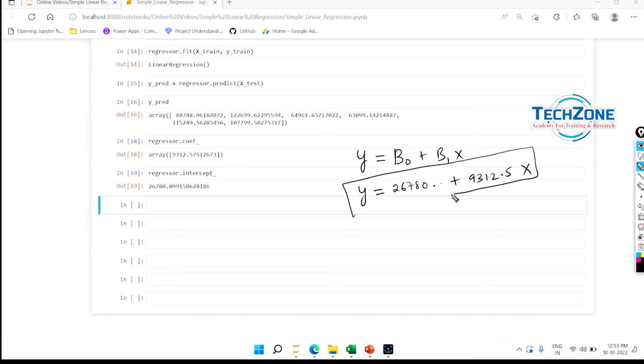This is our hypothesis function, right? So when we give the value of x, that x will be multiplied by 9312.5 and 26780 will be added and we'll get the value of y.